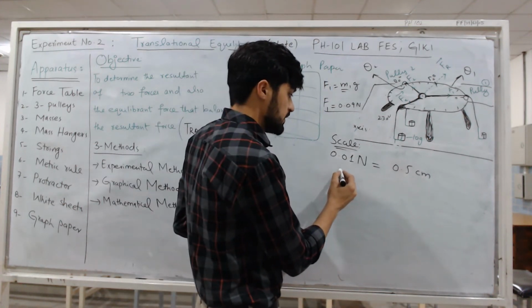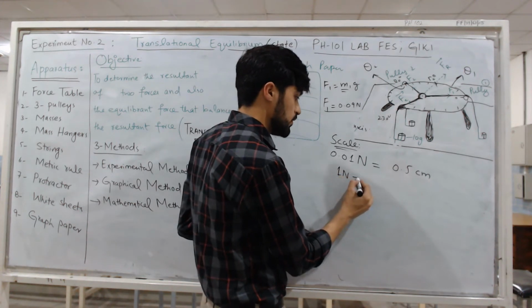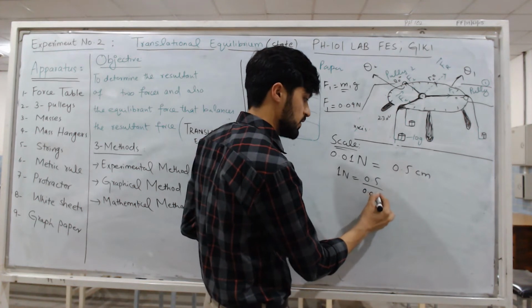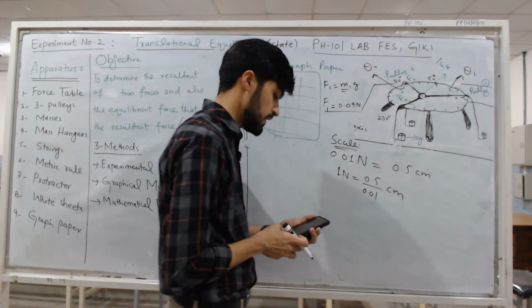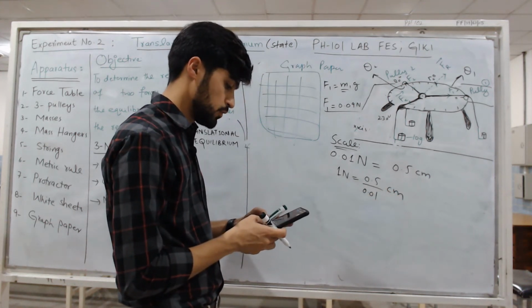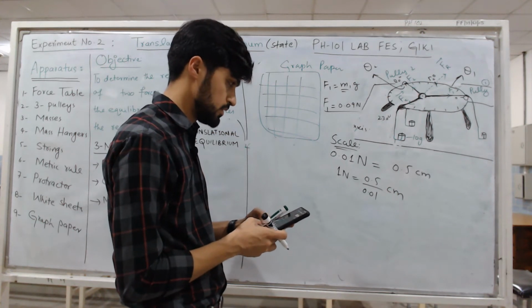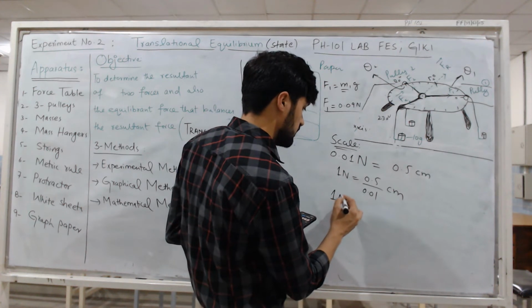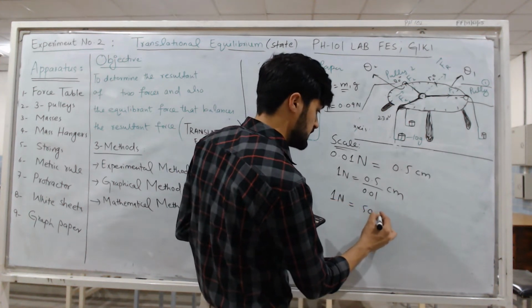So 1 Newton will be equal to 0.5 divided by 0.01 centimeter. If you divide 0.5 by 0.01, you will get 50 centimeter. It means that 1 Newton is equal to 50 centimeter.